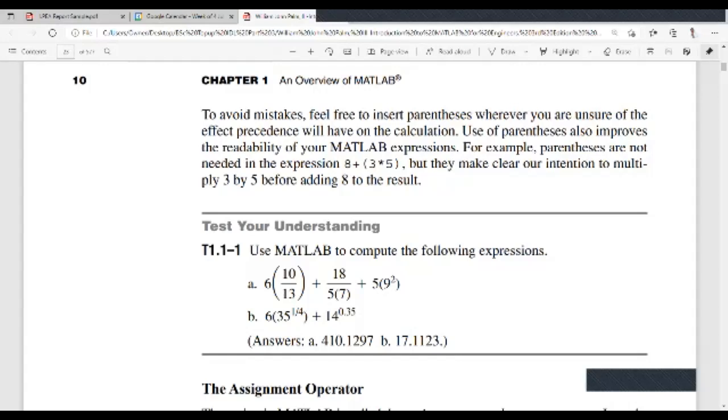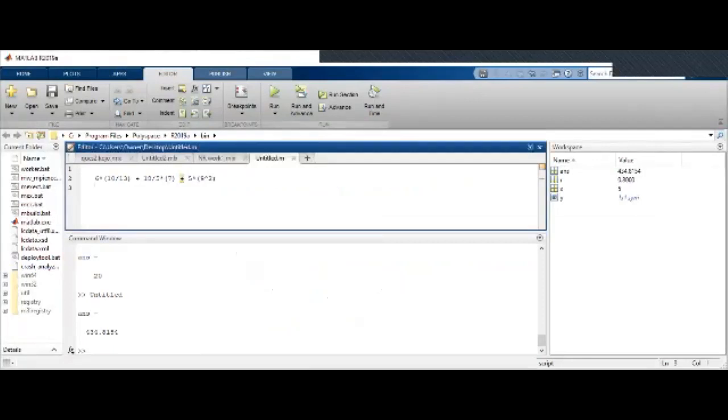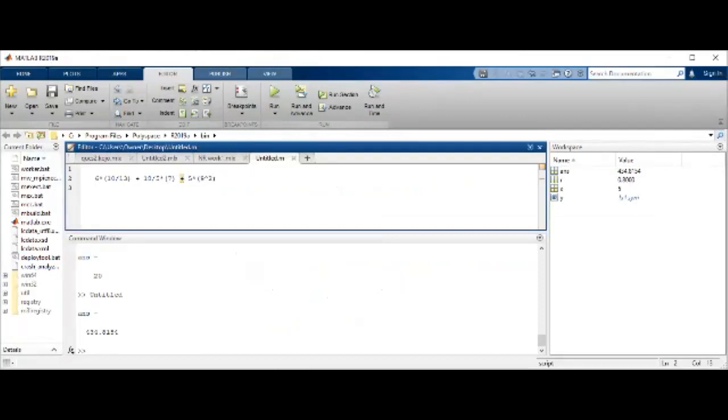Now let's go back to MATLAB and find out what we are missing. So 6 is plus. What we have to do is introduce a bracket to the 18, because actually this 5 must multiply by 7 before it will divide 18.